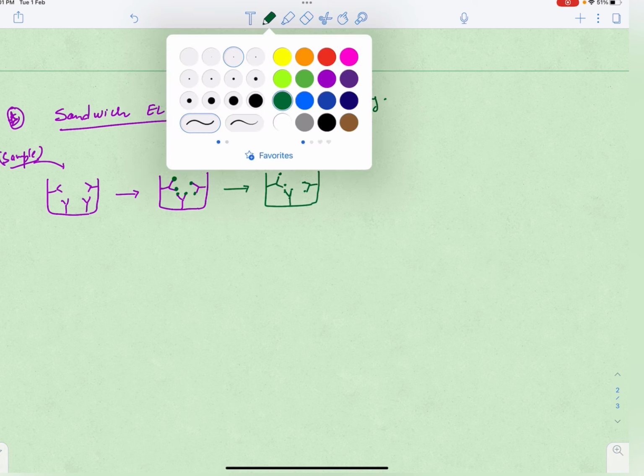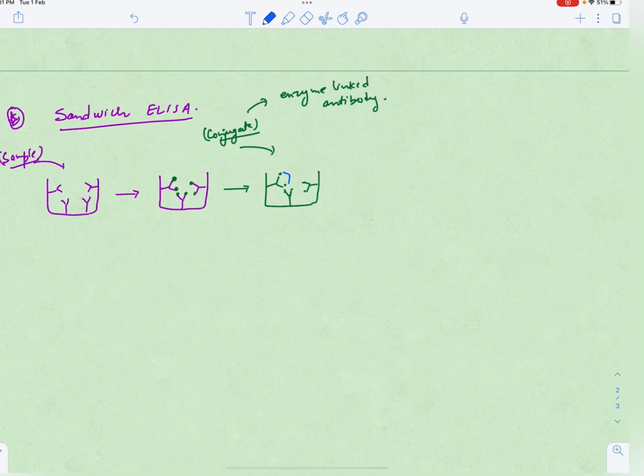Another secondary antibody is added which is linked with an enzyme. So you can see there are two antibodies. One is the primary antibody which is adsorbed, and the other is the secondary antibody or the enzyme linked antibody.